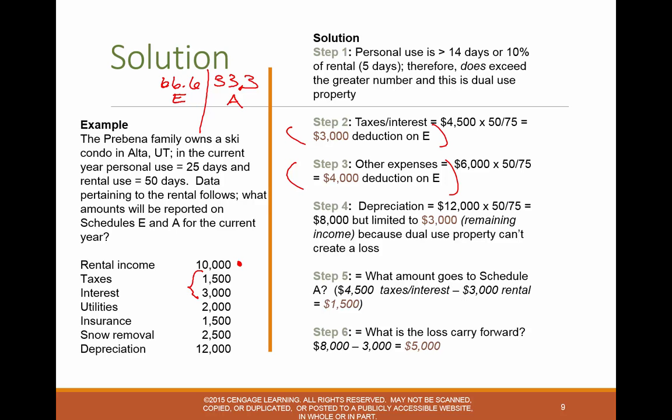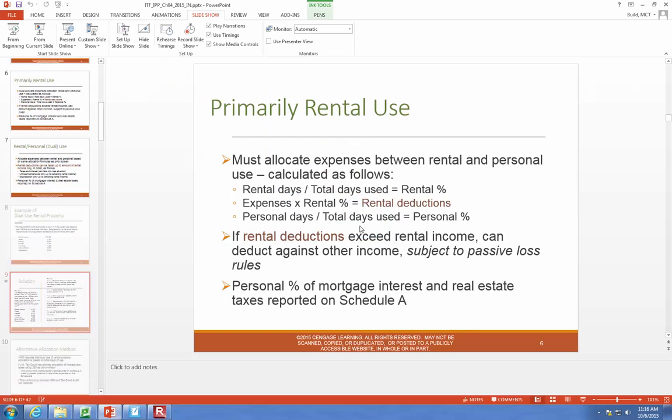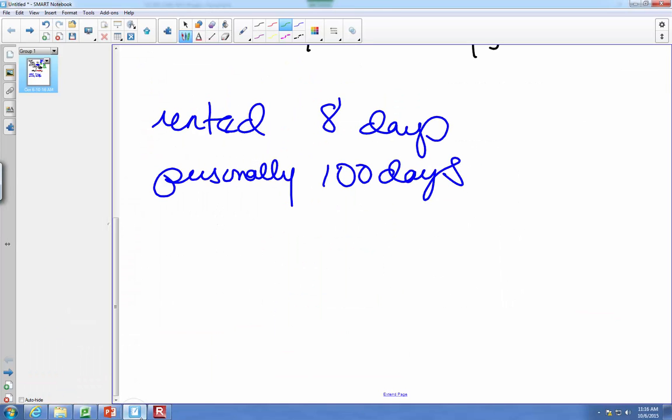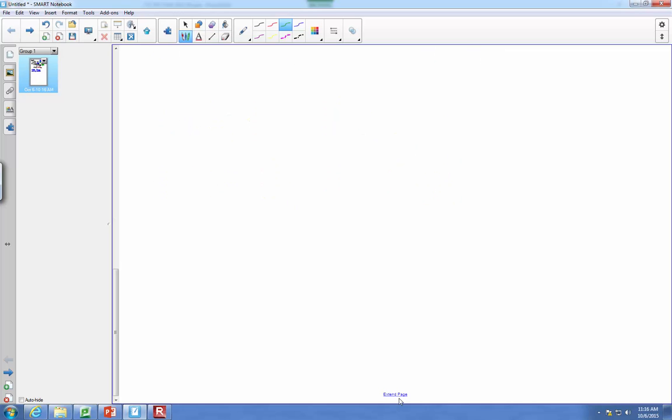So then we would see the 1,500, right? And we use 3,000 on... So basically what I do, let me just show you this. What I do when I work these is I just go and take all the numbers.